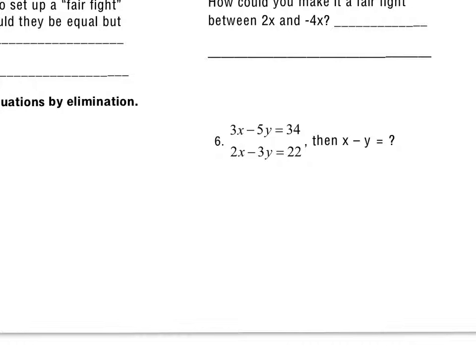So what I'm going to do is multiply the entire top equation by negative 2, and then I'm going to multiply the bottom equation by a positive 3. Now the reason I'm doing opposites is because one needs to be negative and one needs to be positive to cancel out. So if I rewrite the top equation now, I have negative 2 times 3x gives me negative 6x plus 10y, because a negative 2 times a negative 5 gives me a positive number, equals negative 68 out here.